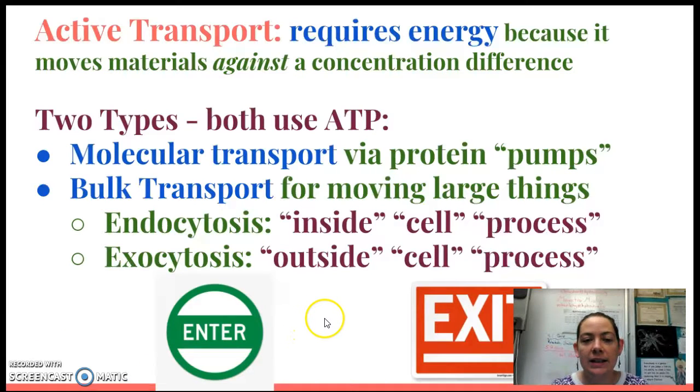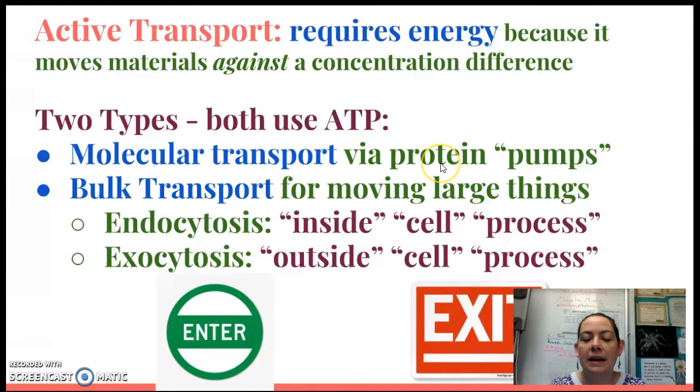Active transport does require energy in the form of ATP, because it moves materials against a concentration difference. That means it's moving things from low concentration to high concentration, and that's not natural. So the cell has to use energy to do that. One type is molecular transport, which uses protein pumps to pump a certain thing in or out of the cell.